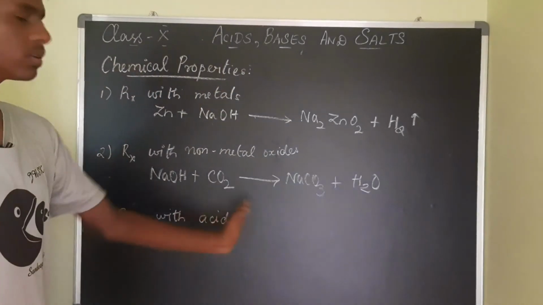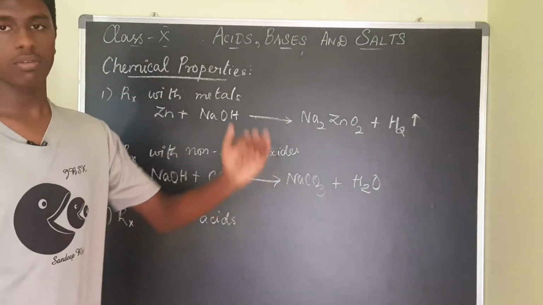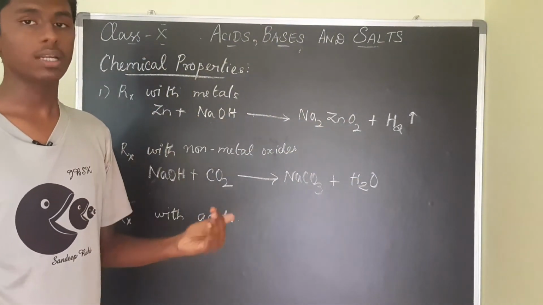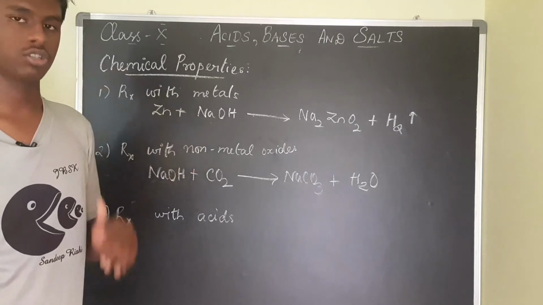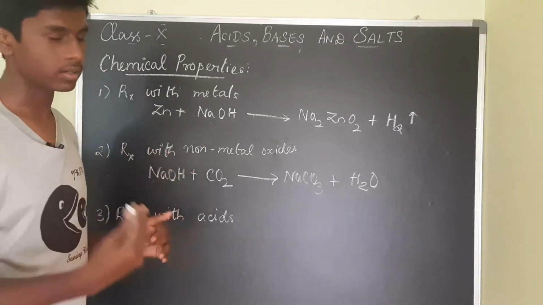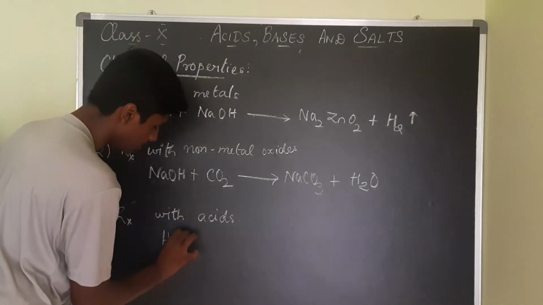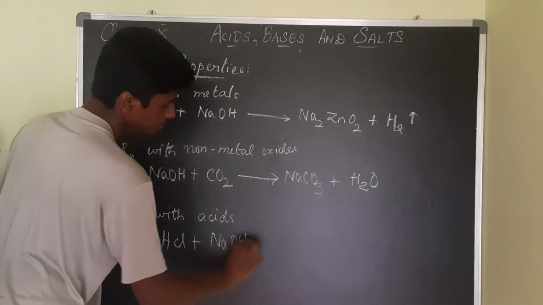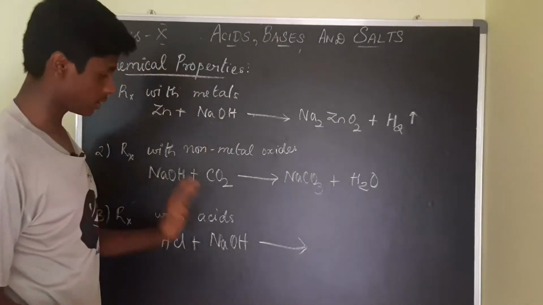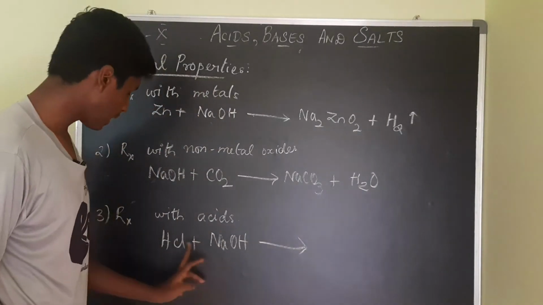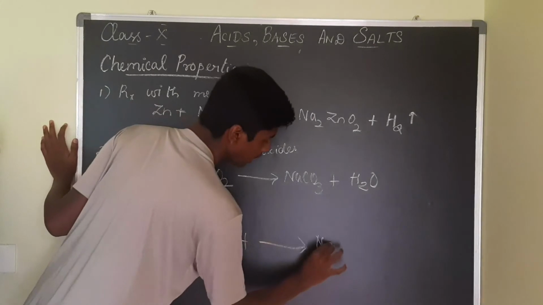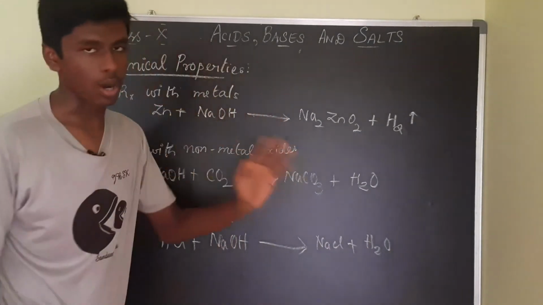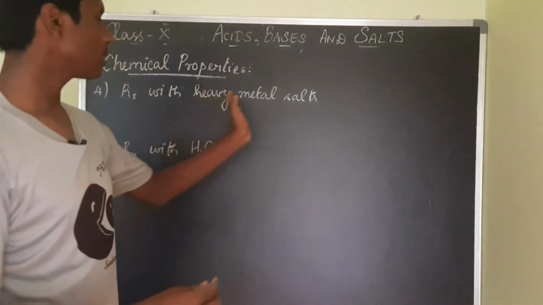Next, reaction with acids. Bases reacting with acids or acids reacting with bases, both are the same. They are called neutralization reactions. They will give us salt. So HCl plus NaOH will give NaCl, which is a salt, plus water. Next is reaction with heavy metal salts.